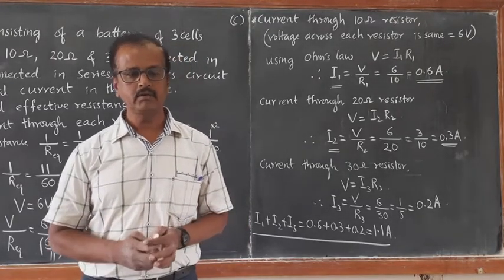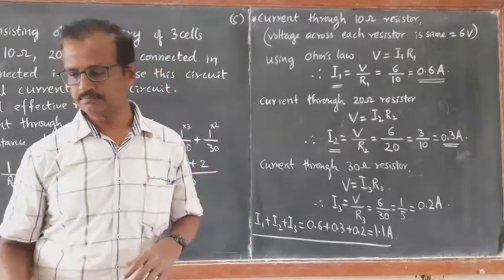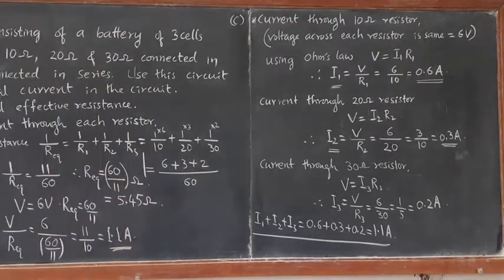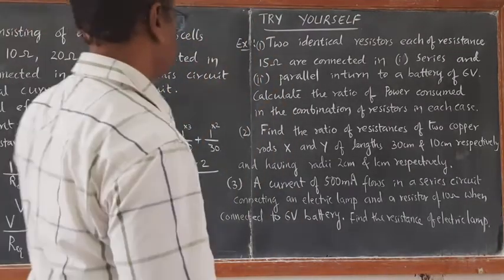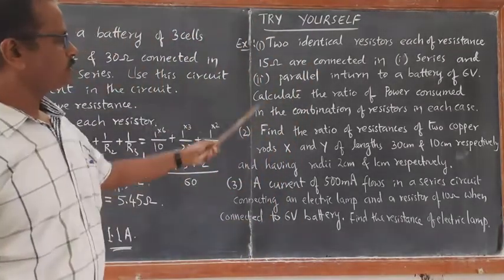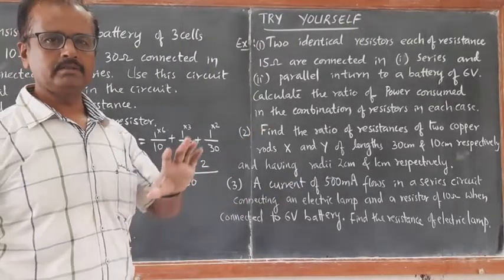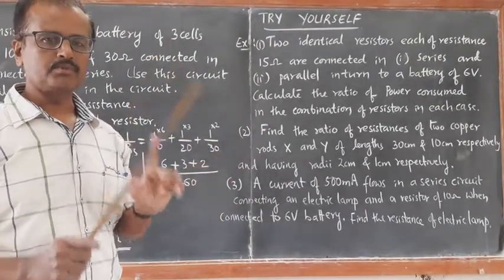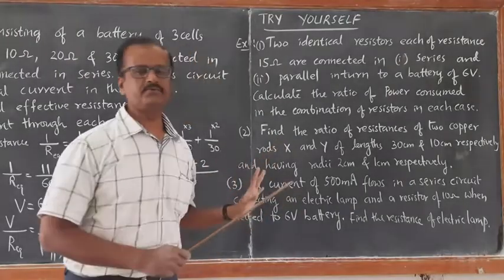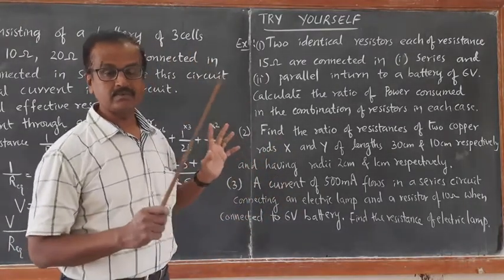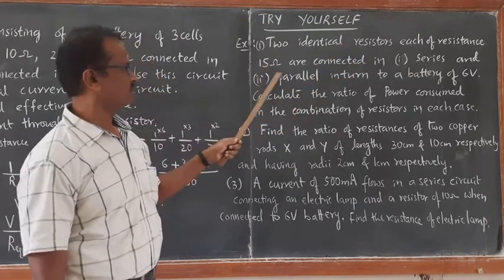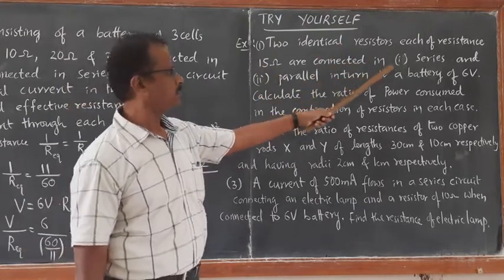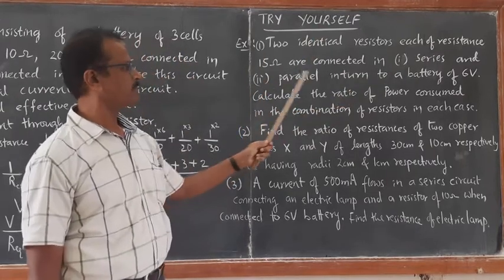Okay. Now I will give you problems to solve. I am giving you 3 problems to solve. In none of these problems is any circuit diagram given. You are supposed to draw the circuit diagram yourself and then solve. Two identical resistors, each of resistance 15 ohm, are connected in series and then later connected in parallel.